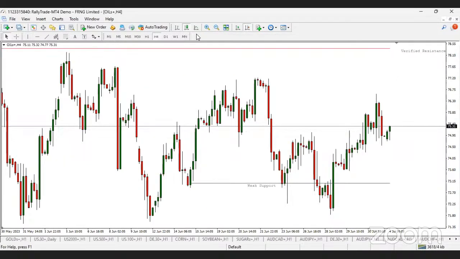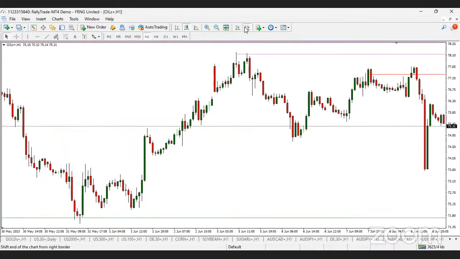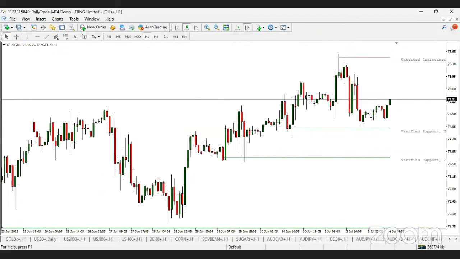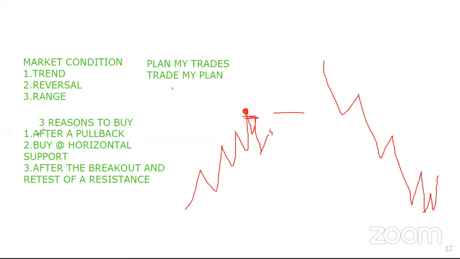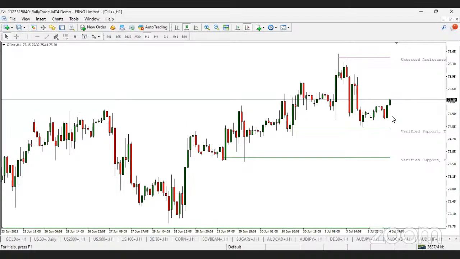So on H4 now, we can see an uptrend, higher highs, higher lows, higher highs, higher lows. You see it? And then on H1, there are three reasons to enter a buy. Since we are seeing an uptrend from the H4, out of our three reasons to enter a buy, it's either we buy a pullback, buy at horizontal support, or buy after the breakout and retest of a resistance. If we check these three reasons, one is already playing out here: buy at horizontal support.